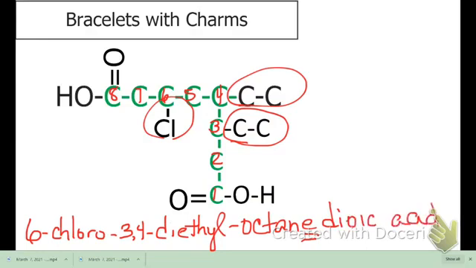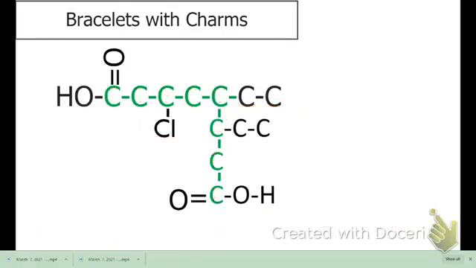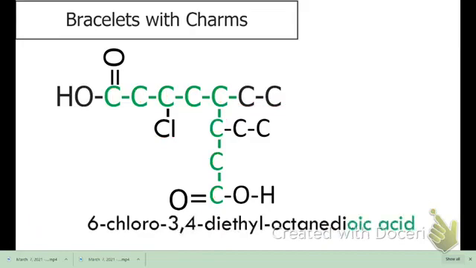So I have 6-chloro, 3,4-diethyl, octane dioic acid. All right, so let's see how good we are, or how good Dr. Hudson is anyway. 6-chloro, 3,4-diethyl octane dioic acid. Yay! If you were able to follow along with me with this, you're doing just fine.